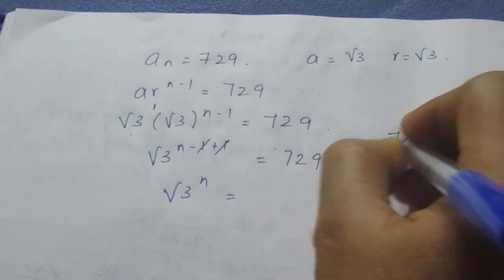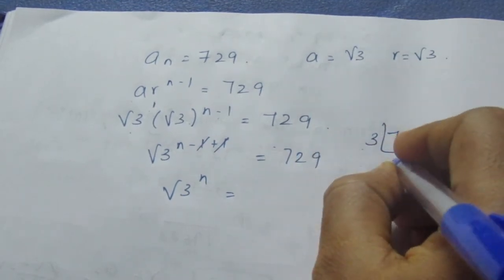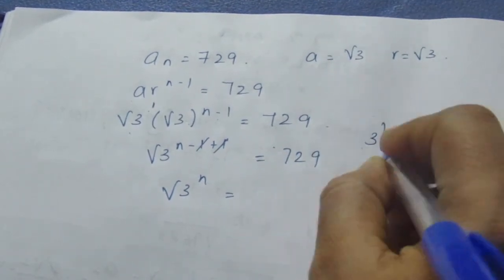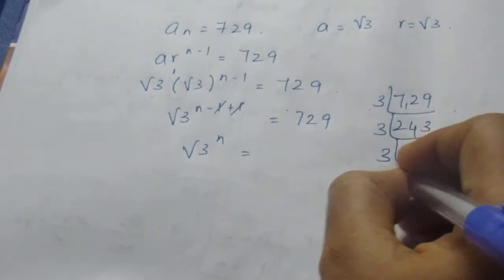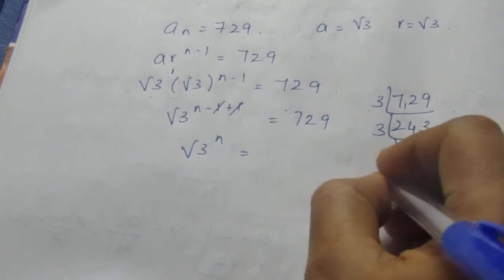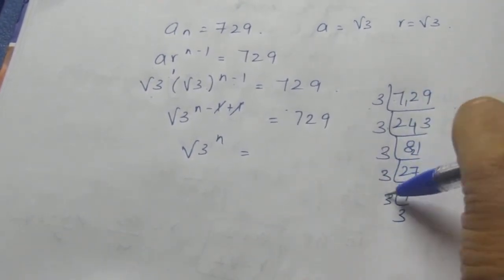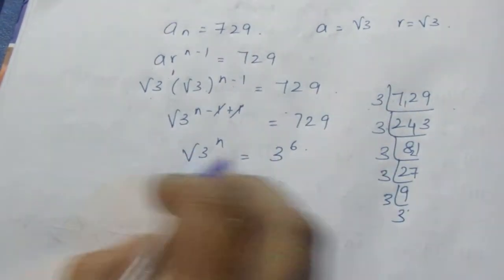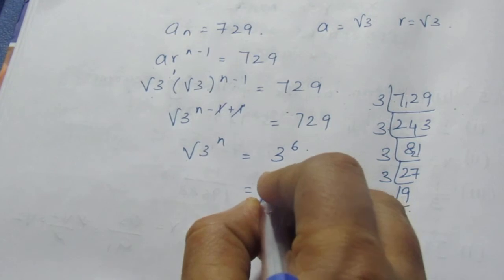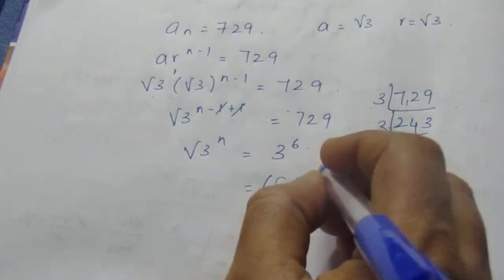Do prime factorization for 729. Now we have 1, 2, 3, 4, 5, 6. So 3 power 6. But we want root 3. We can write 3 to be root 3 into root 3, so 3 can be written as root 3 square.